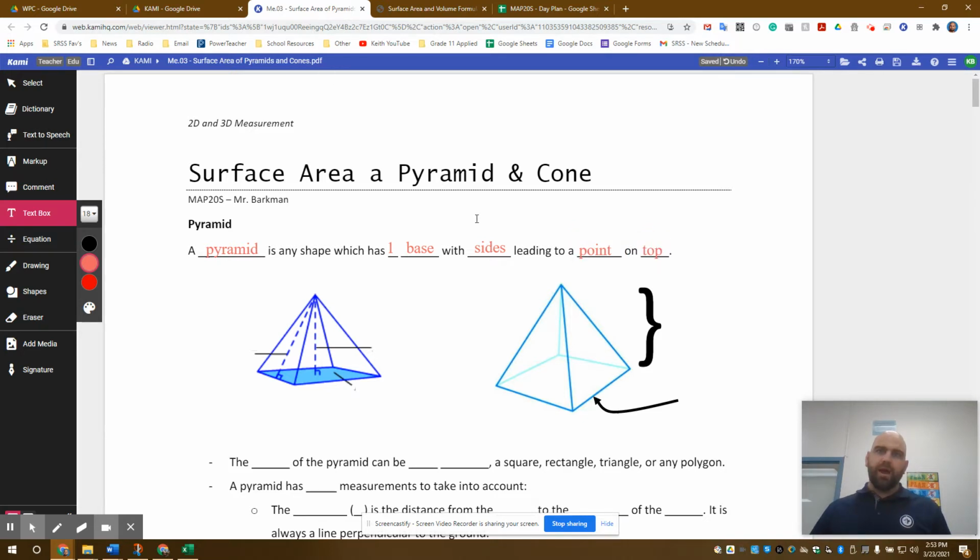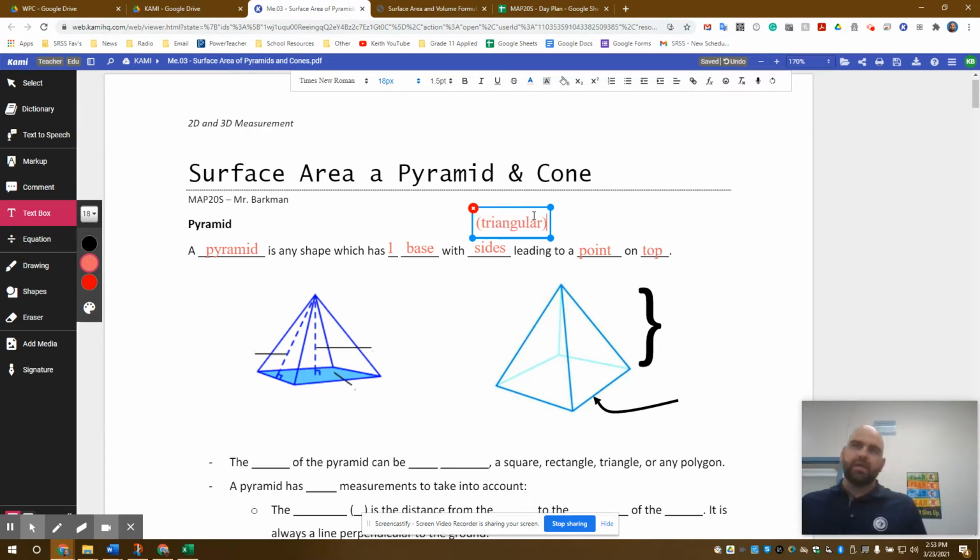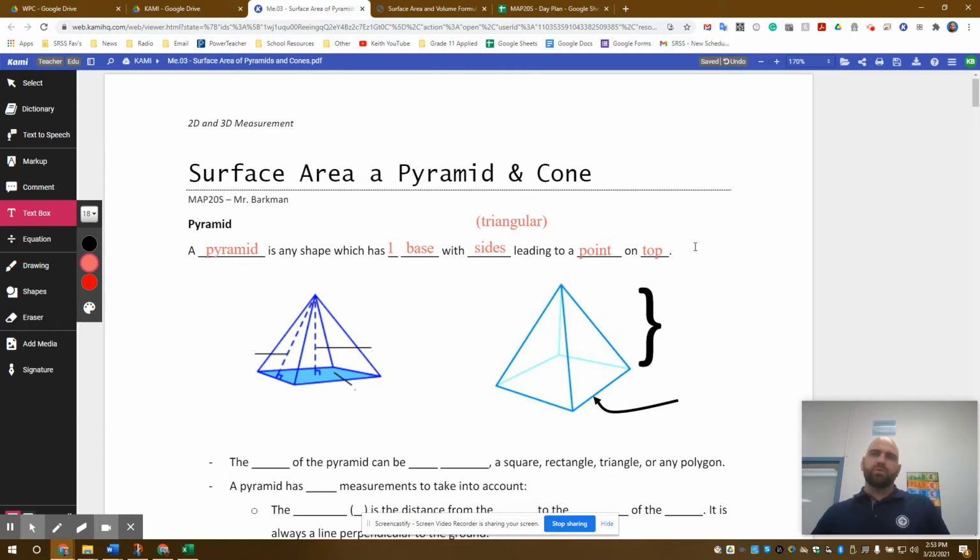And I'm going to put this into brackets up on top here: those are usually triangular sides. For the ones we deal with, we're only going to deal with triangular sides, but it deals with one base. Now, it could be any shape. Really, we're going to deal with, for the most part, regular shapes: squares, circles, triangles, rectangles, polygons, which have triangular sides which lead to a point on top.